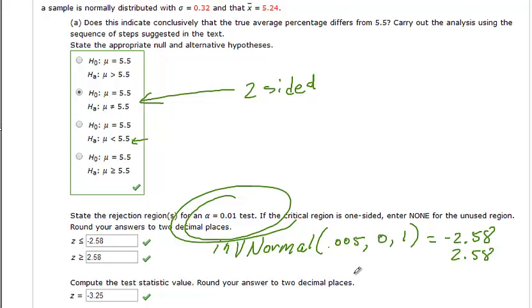Computing the test value, I'll just plug that in. I'm going to be doing a z-test, so I'll hit stat. I'm going to scroll to tests. I'm going to go to z-test since this is a standard normal test. And I will make sure that my cursor is on stats, because I didn't edit this in a list. My mu naught is 5.5. My standard deviation is 0.32. My x bar is 5.24.